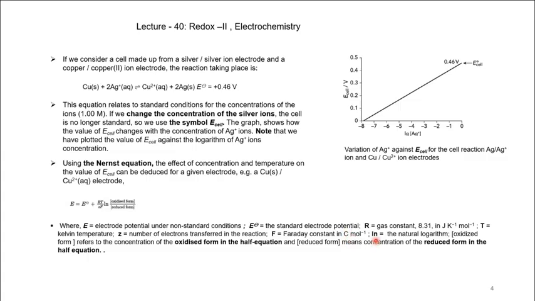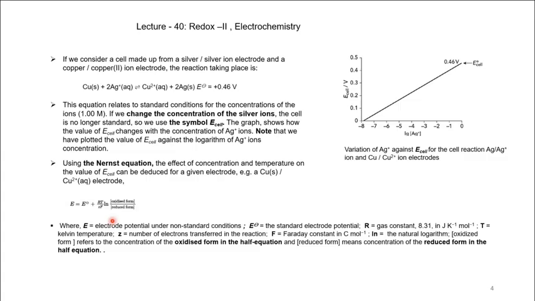Ln is the natural logarithm. Concentration of oxidized form refers to the oxidized form of the half equation, and reduced form refers to the reduced form of the half equation. This is the Nernst equation. Using it, we can also find the electrode potential under non-standard conditions.